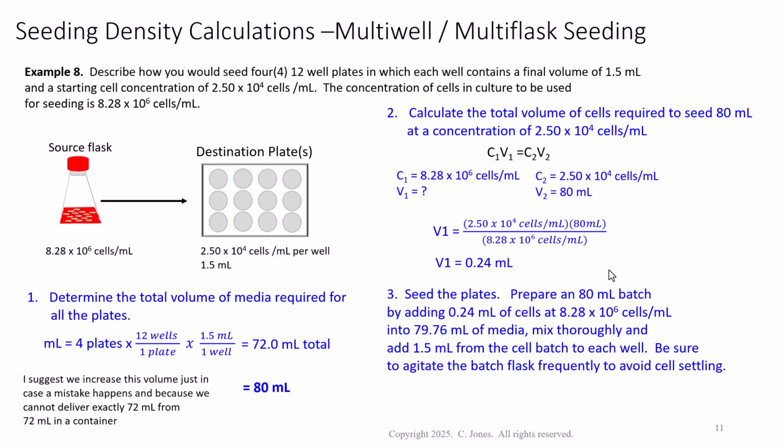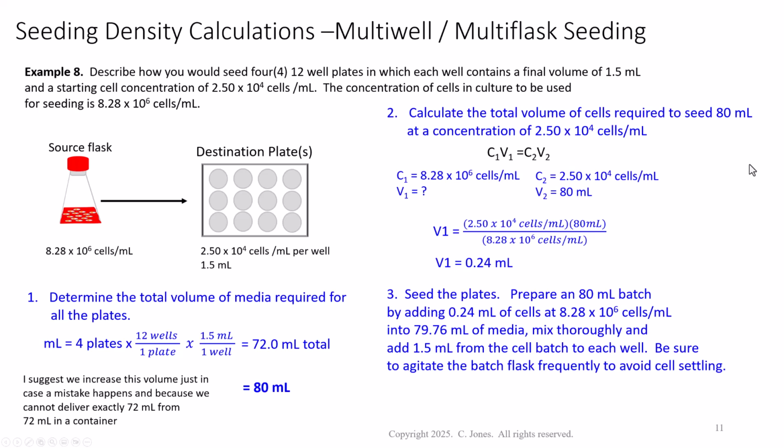To seed the plates, I would prepare 80 mils of batch in a big flask, just like in the preceding slide, by adding 0.24 mils of the cells at 8.28 times 10 to the 6 cells per mil into 79.76 mils of media. That's 80 minus 0.24. Then, in that batch, after I've mixed it, I would remove 1.5 mils from the batch and add 1.5 mils of those cells at 2.50 times 10 to the 4th into each well. I would just disperse it.